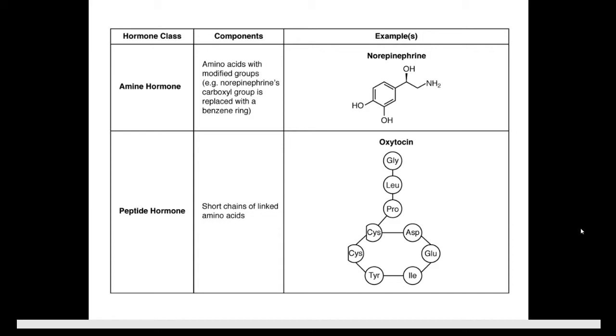Another one is peptide hormone. A peptide hormone example is oxytocin. This oxytocin is a 9 amino acid short chain. They ask questions providing different types of peptide hormones, asking the count of amino acids or the major amino acid present in a particular peptide hormone.